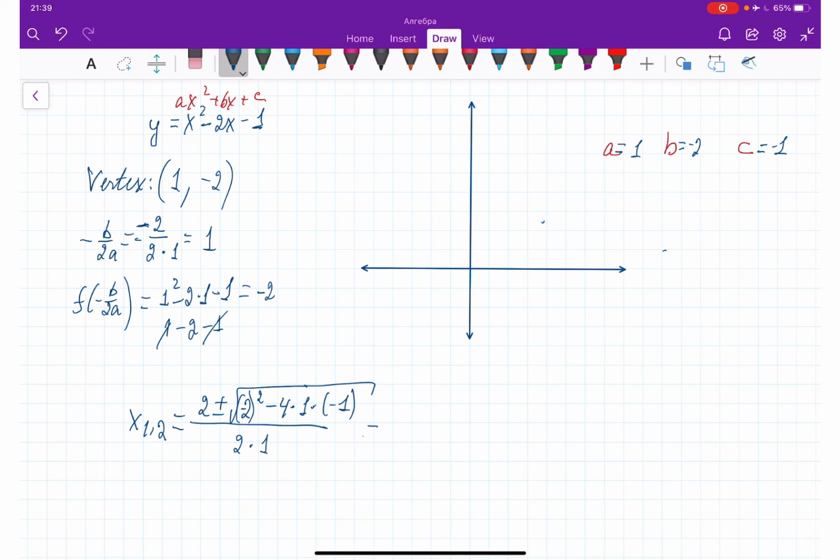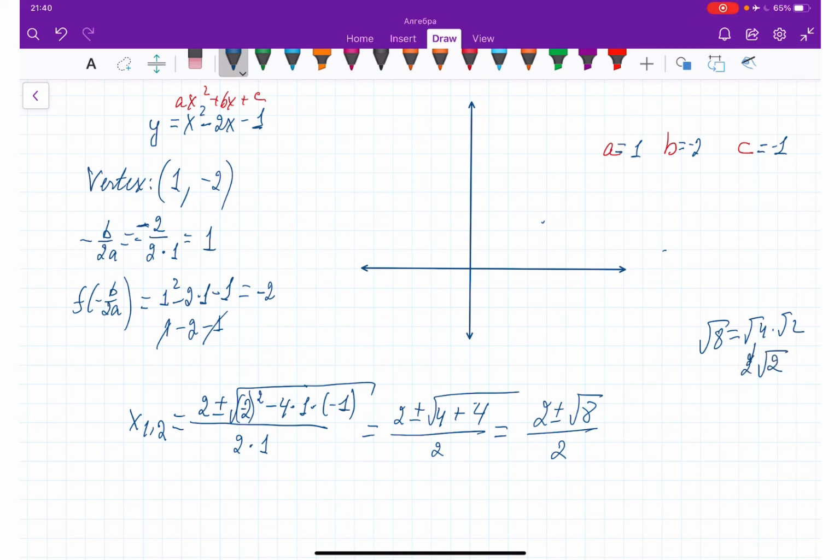That is equal to 2 plus or minus the square root of 4 plus 4, over 2. And we get 2 plus or minus the square root of 8 over 2. Let's see, the square root of 8 is the square root of 4 times the square root of 2, right? The square root of 4 is 2, and here it will be only 2.